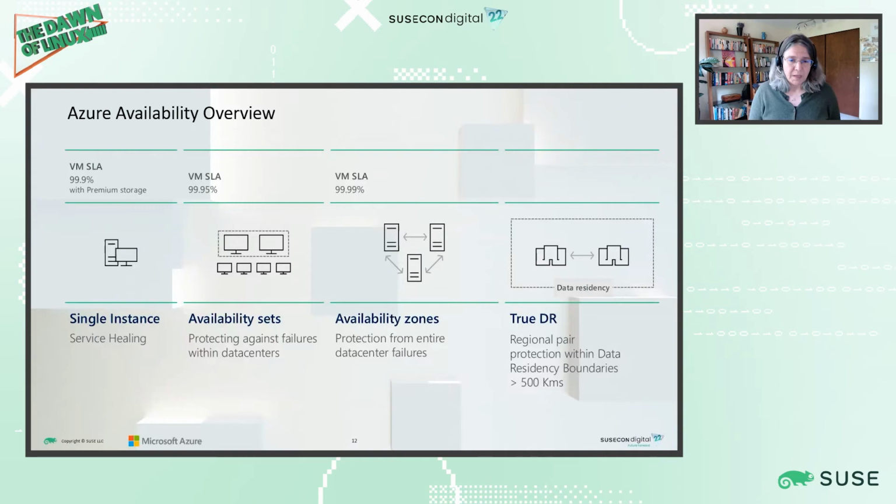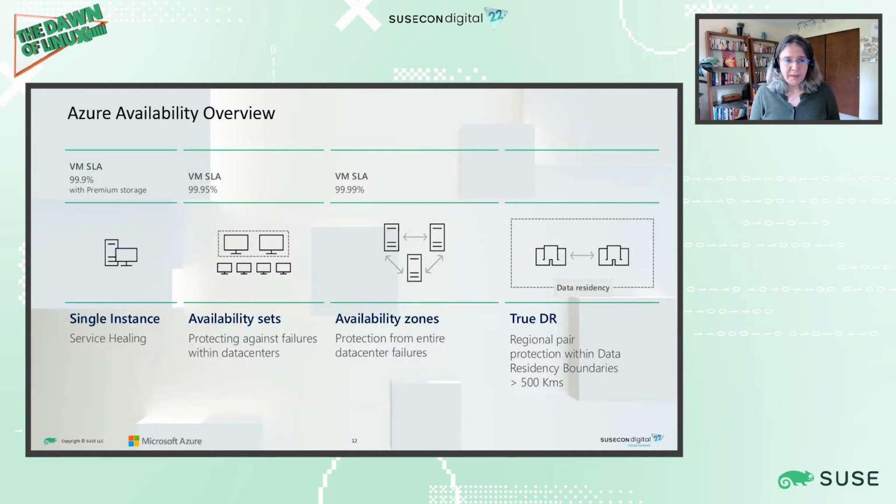And the next level, if we take it to the next level, if you want to protect your workload from not only an entire data center failure, but let's say a widespread regional disaster like widespread flooding or a hurricane or another natural disaster, then you would also need to think about and implement a disaster recovery solution for your SAP application.